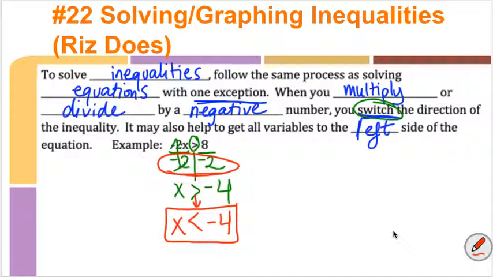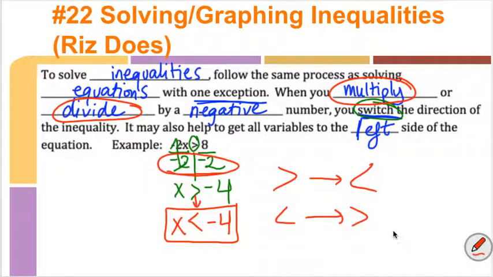We're also going to learn about how to graph inequalities, which is going to be a new concept, but as far as actually solving and doing the computations, if you multiply or divide by a negative number, you switch the inequality. So if it's greater than, you change it to less than. If it's less than, you change it to greater than. If it's less than or equal to, you change it to greater than or equal to. Okay, let's keep moving.